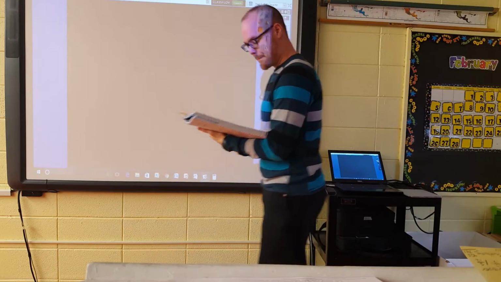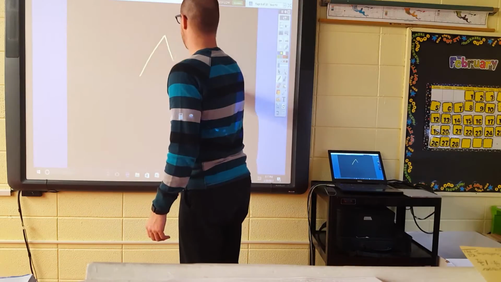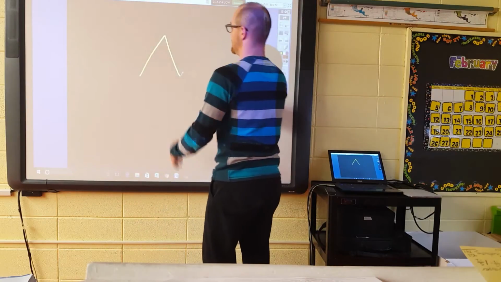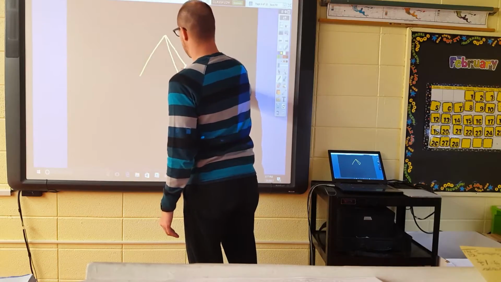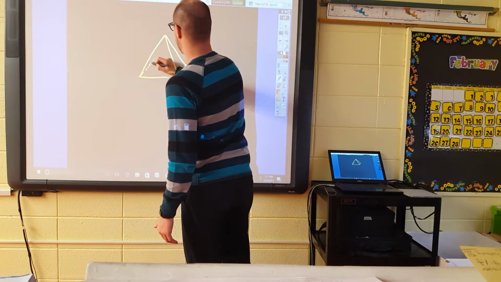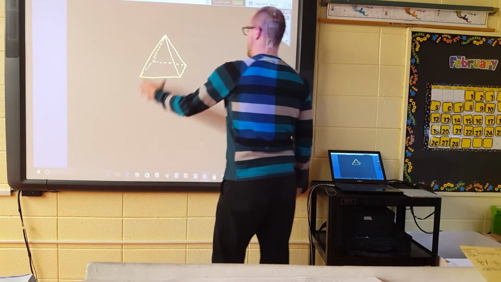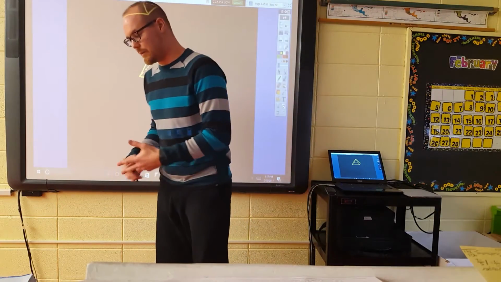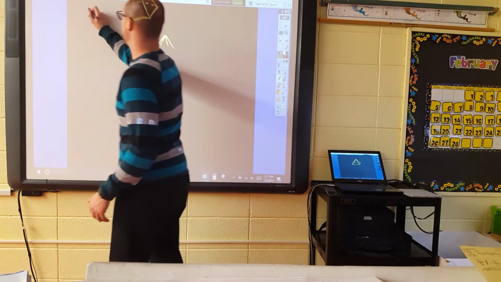Example number 3. Okay, this particular shape has 4 triangular faces that meet at a point, and then the base is a square. This particular three-dimensional object, this geometric solid, is known as a pyramid.